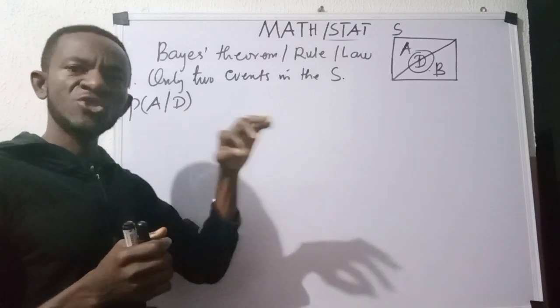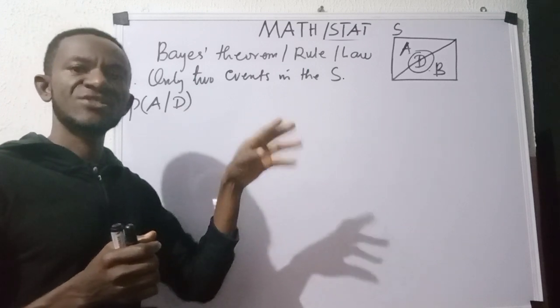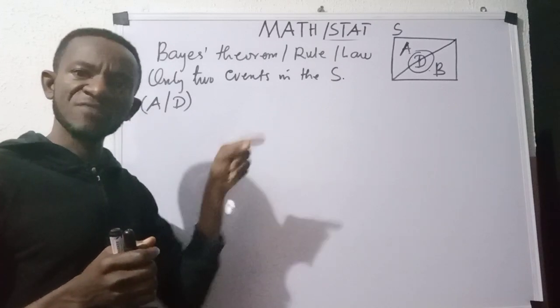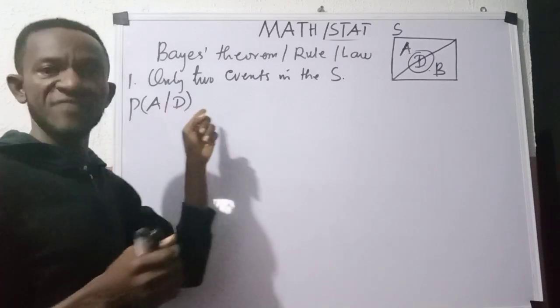And when we talk about joint probability in set theory, we are talking about the probability of the intersection of the two events.